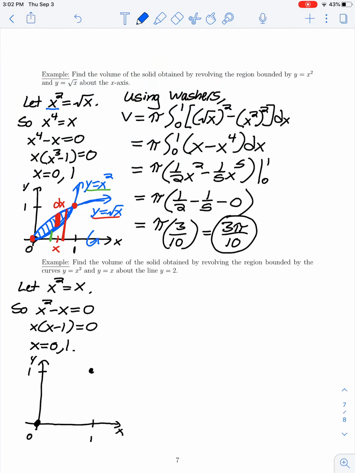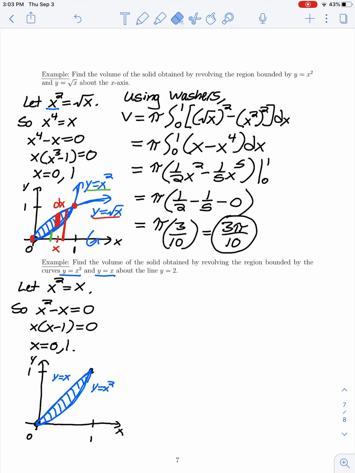Now the first curve, y equals x squared, is again the parabola opening upward, passing through those 2 points, and y equals x is the straight line passing through those 2 points. That is the line of slope 1 through the origin. So here our bottom curve is x squared, top curve is y equals x, which are bounding this region between 0 and 1. And we're told here that we want to revolve this region about the line y equals 2.